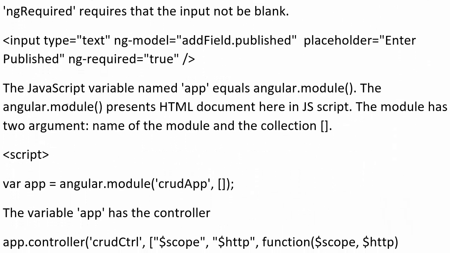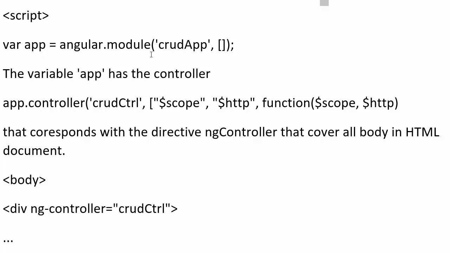The JavaScript variable named app equals angular module. The Angular module presents the HTML document here in the JS script. The module has two arguments, the name of the module and the collection.